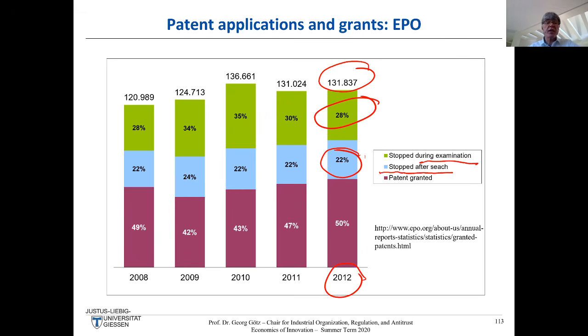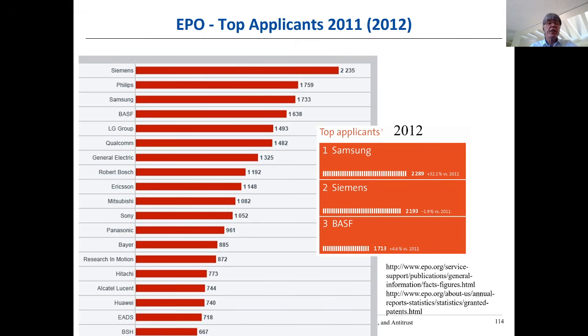Okay, so you got the idea hopefully, and then the next thing you again get, and this is slightly outdated, is the top applicants. I already showed that to you, so I don't want to discuss it in more detail. But what you see here, if it works here, red on red is bad. It's about 2,200 or 2,300 patent applications each year from companies like Siemens or Samsung and BASF.